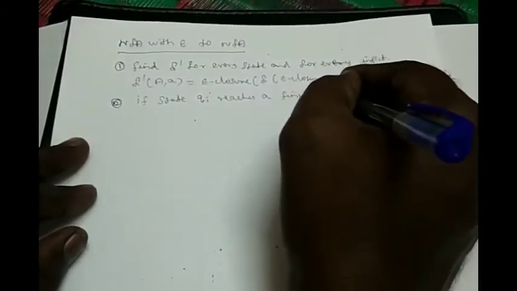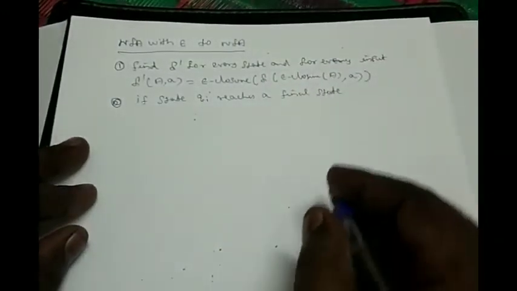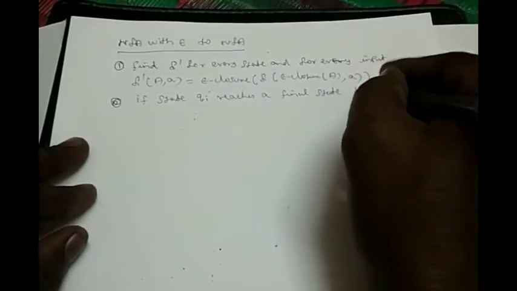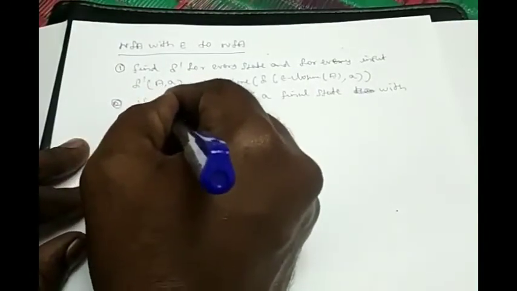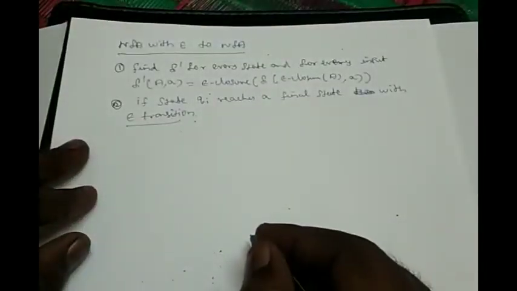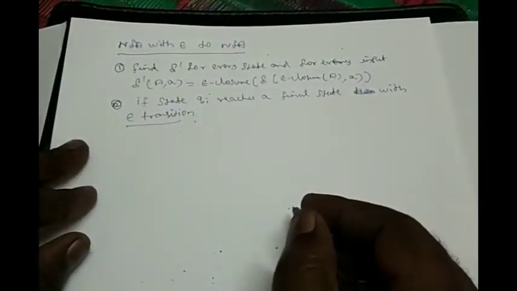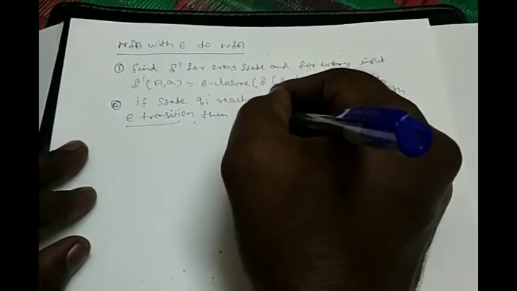If state qi reaches a final state with epsilon transition, this is the important part, then we can say that qi is also a final state.